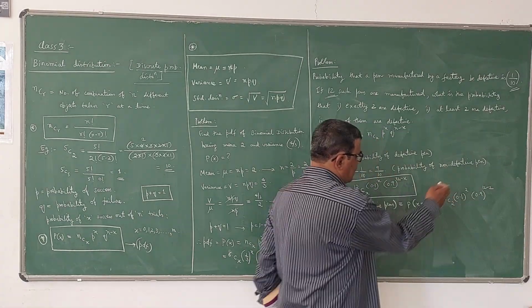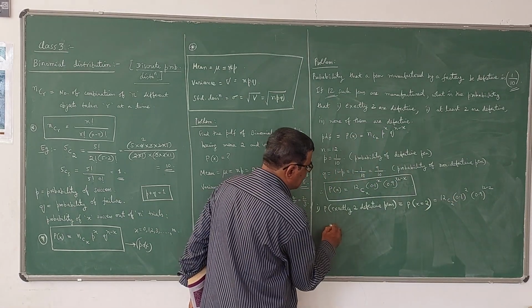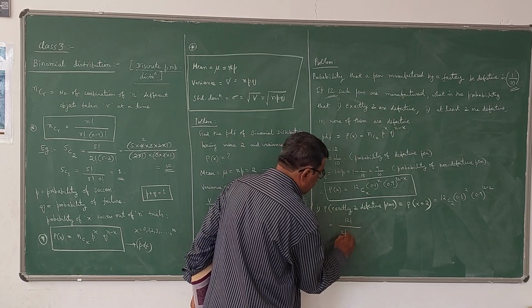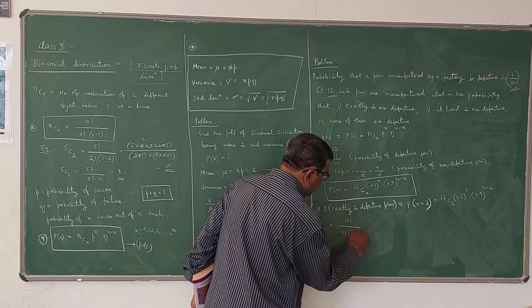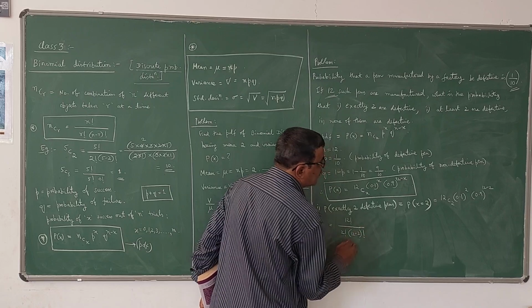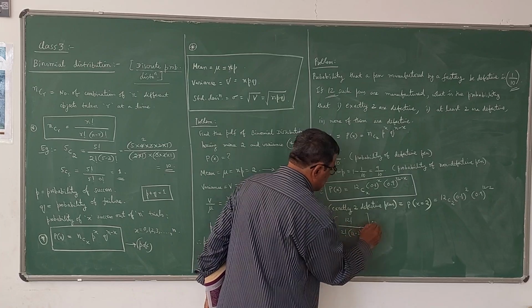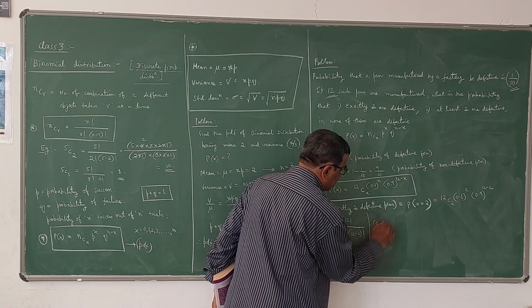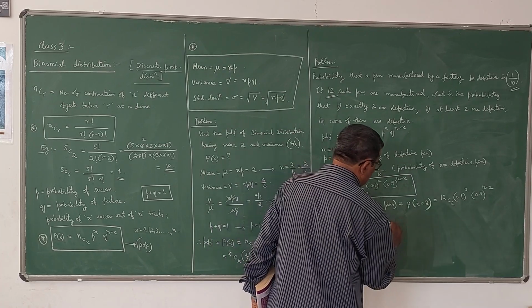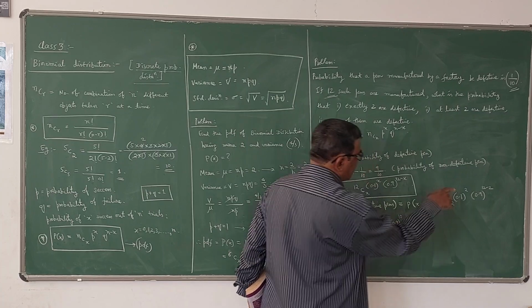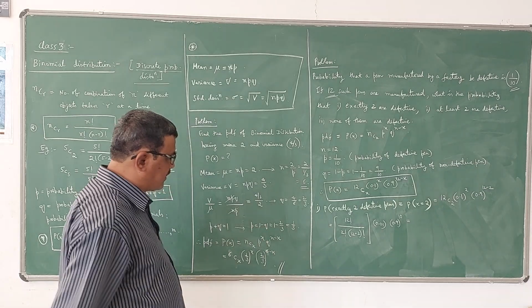You have to simplify this one. 12 C 2 ಅಂದ್ರೆ ಏನಾಗುತ್ತೆ, 12 factorial divided by 2 factorial into 12 minus 2 factorial, into 0.1 square. 0.1 square ಅಂದರೆ ಅದು 0.01, into 0.9 to the power of 10. Simplify ಮಾಡಬೇಕು using the calculator.